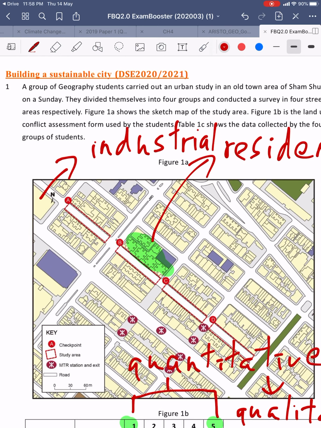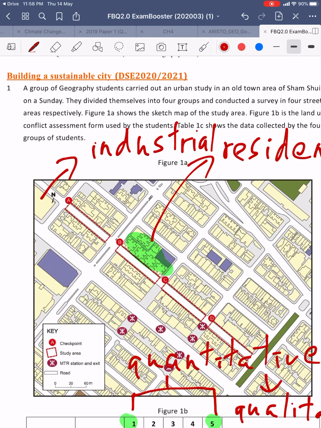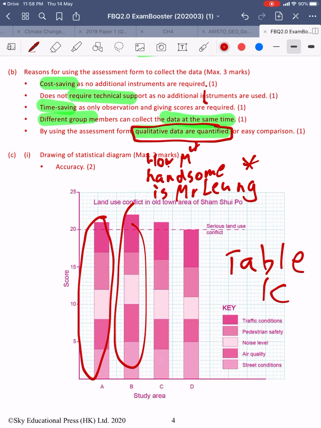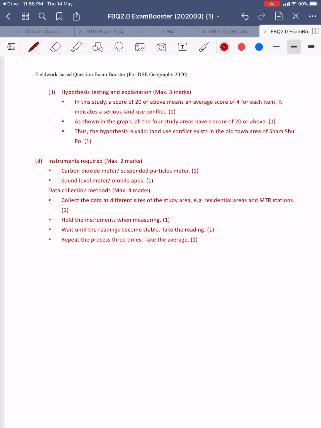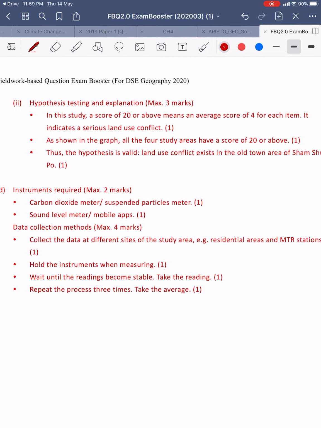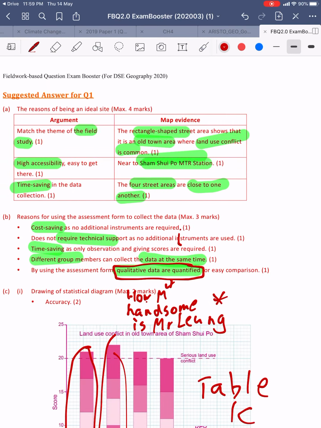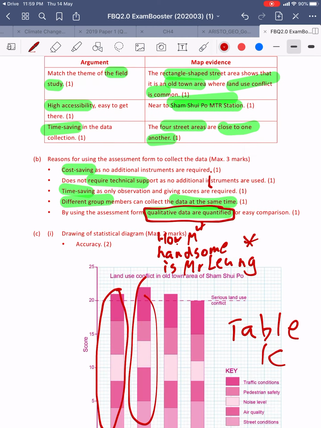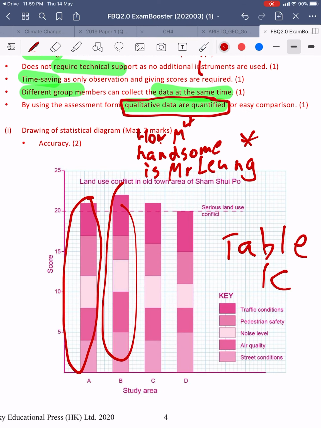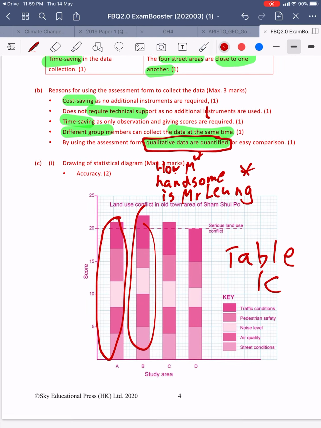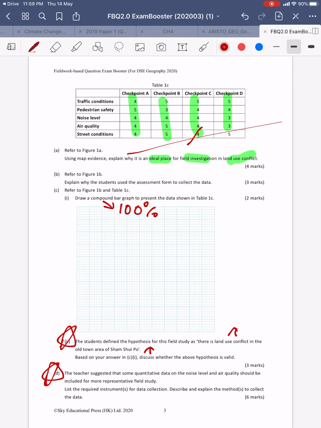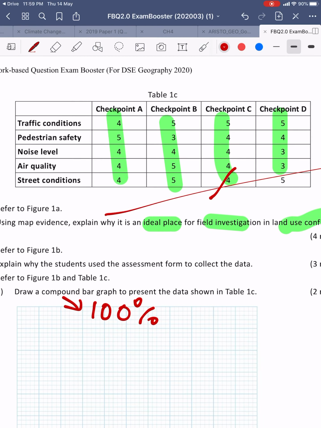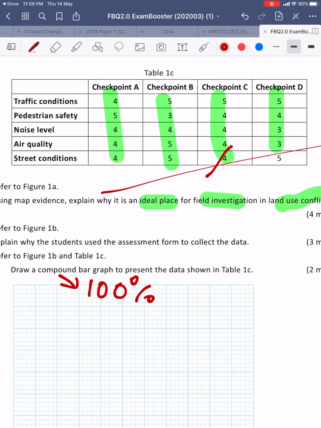A is far from Sham Shui Po, D is more adjacent to the central pole. So accordingly, what should you have? B, C and D, which are just next to the central pole MTR station, are having a higher bar. Why? Because a higher mark means more traffic, poorer safety, higher noise pollution, and poorer air quality.